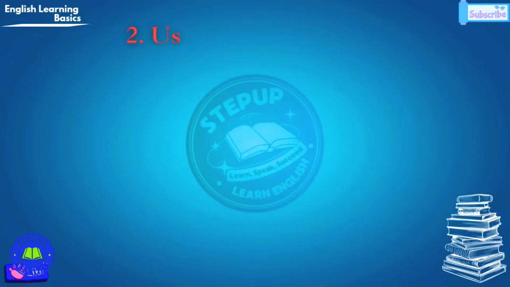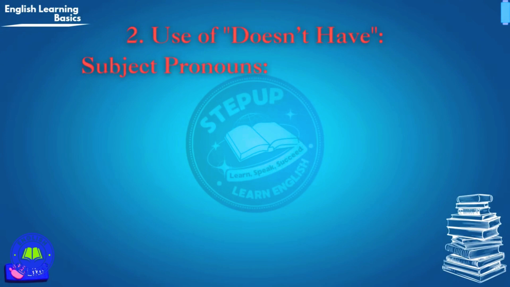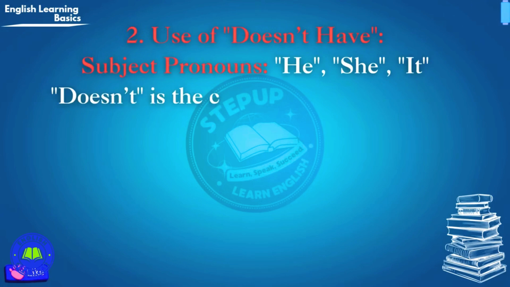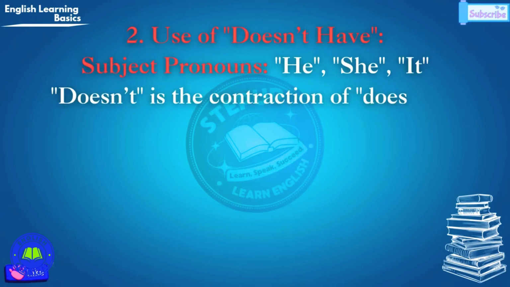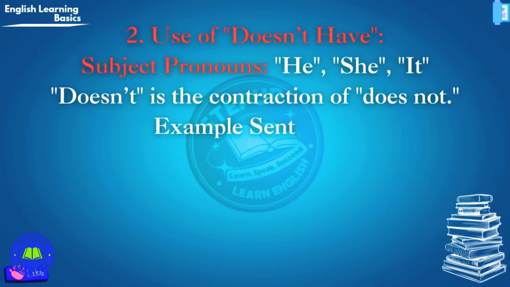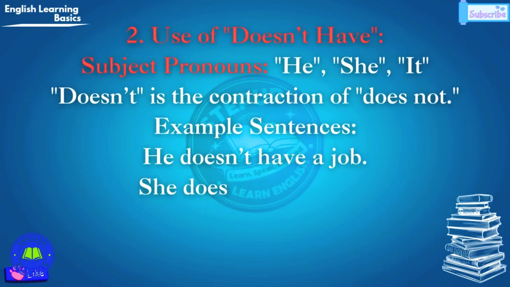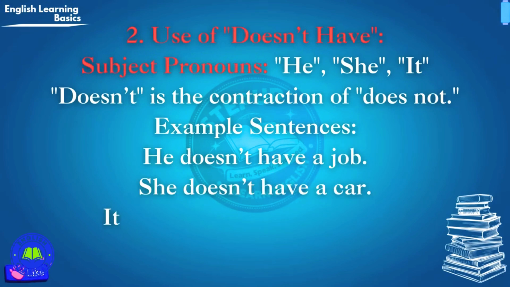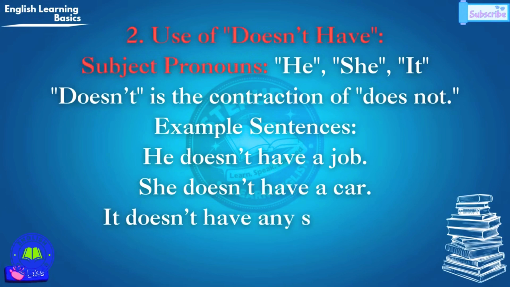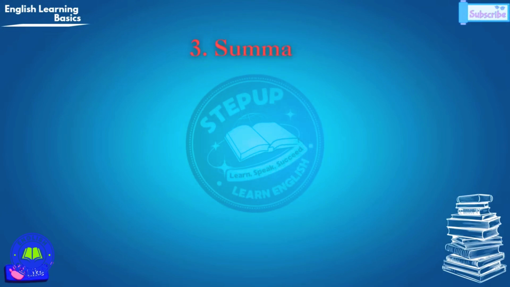2. Use of doesn't have. Subject pronouns: he, she, it. Doesn't is the contraction of does not. Example sentences: He doesn't have a job. She doesn't have a car. It doesn't have any sugar in it. 3.